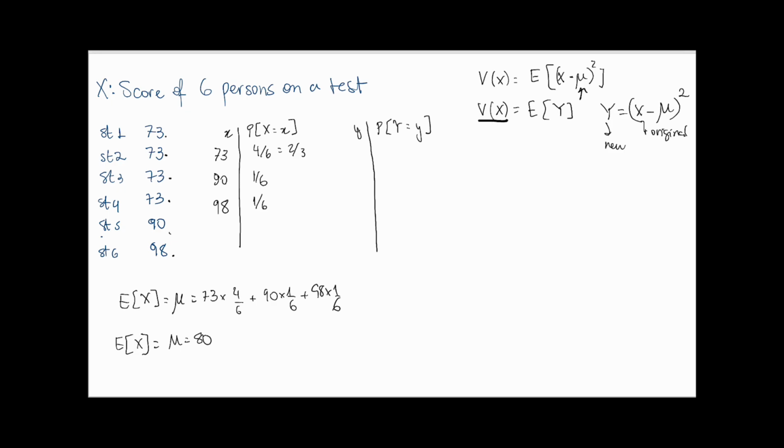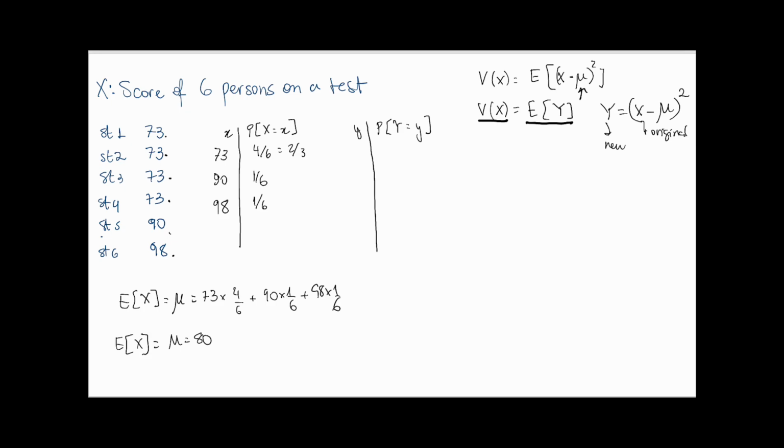So the variance, again, is the expected value of y, where y is whatever is inside the bracket: x minus mu, squared. So I have to create the PDF of y, and then calculate the expected value of y.